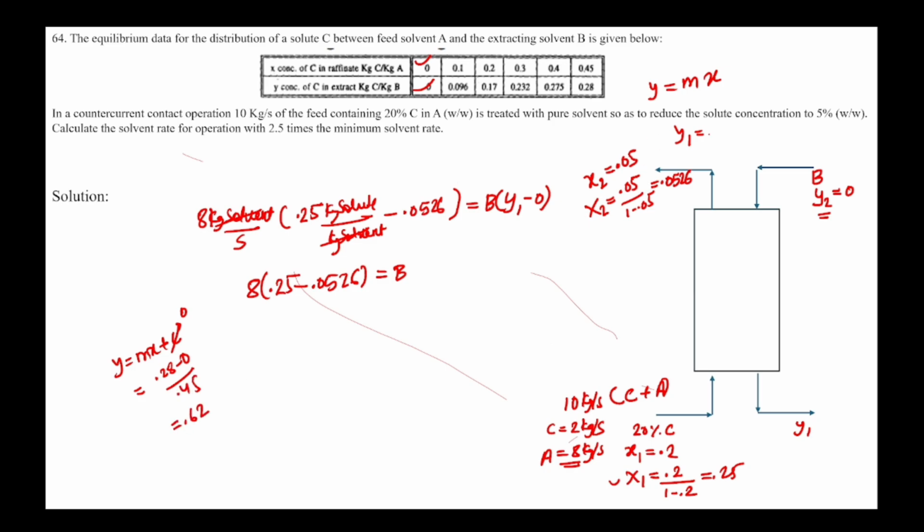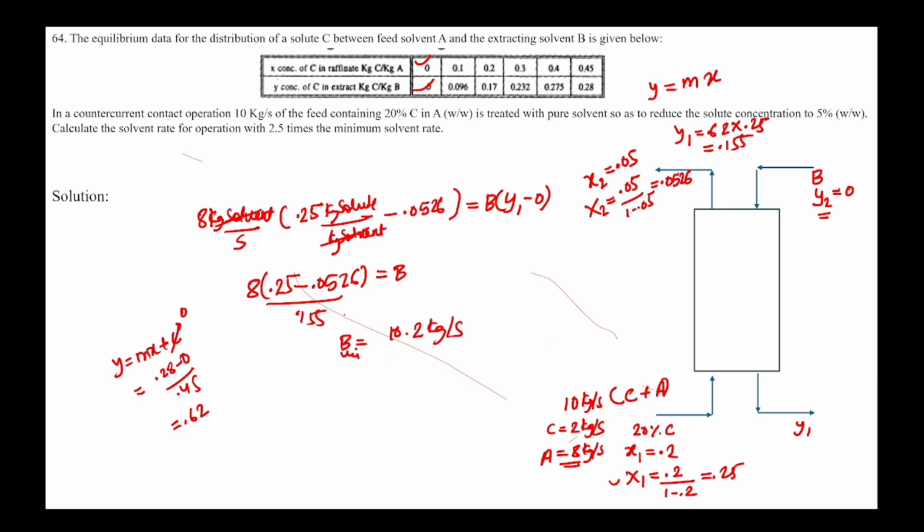So 0.62 into x1, x1 is 0.25, so 0.155. So put this value here, 0.155. So you will get B is equal to 10.2 kg per second. That is the minimum value.